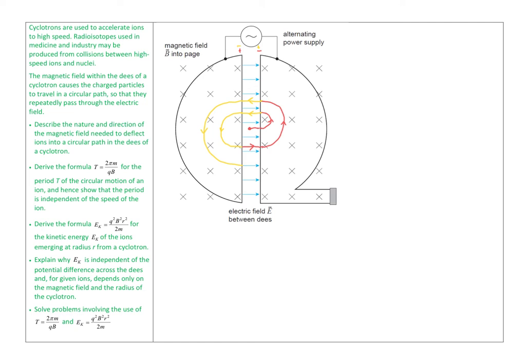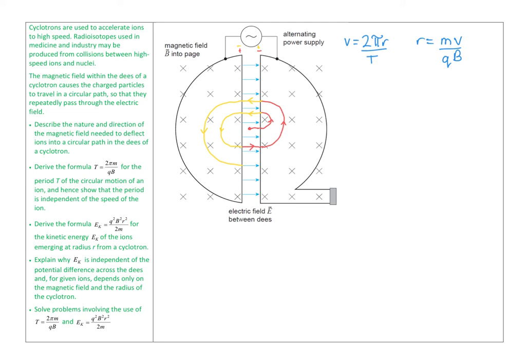How do we derive that? Well, we know that the velocity for an object moving in a circular motion is given by v equals 2 pi r over period. And we know that the radius is equal to mv on qb.